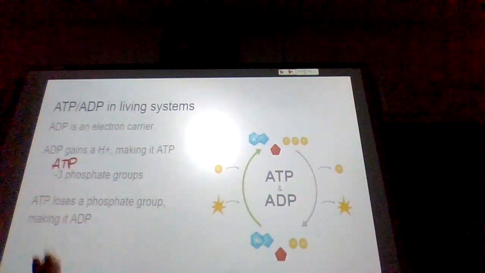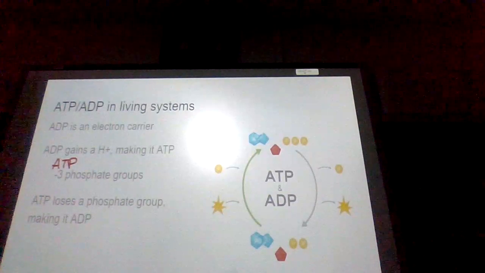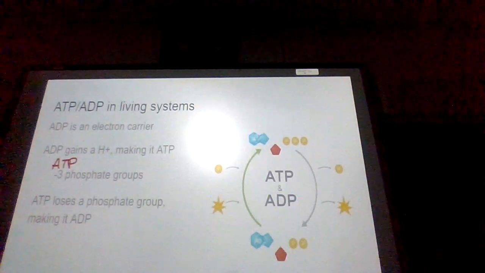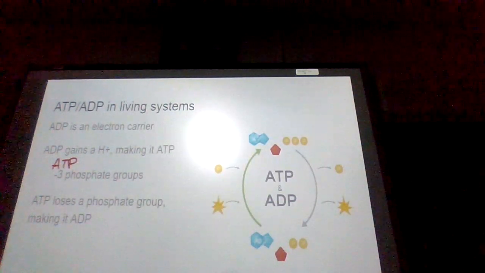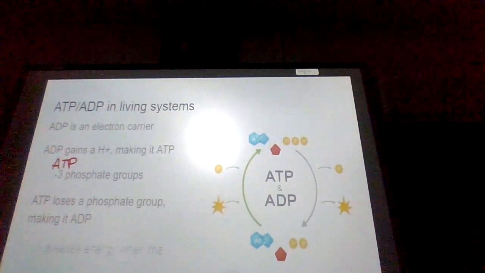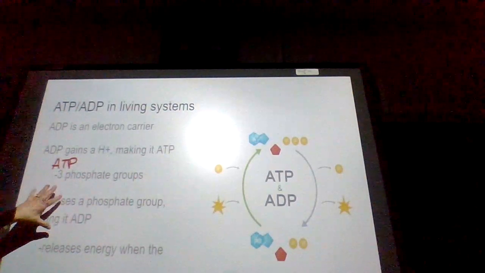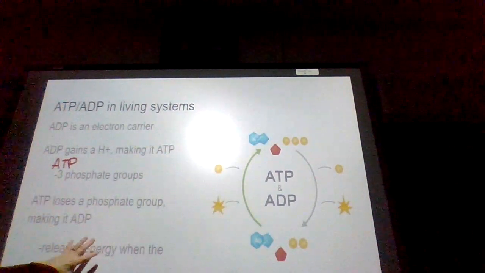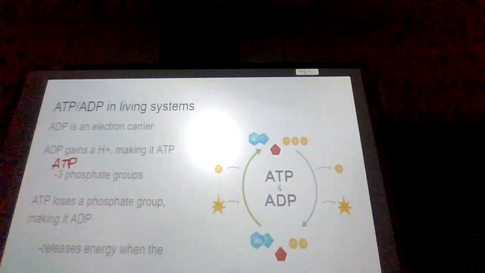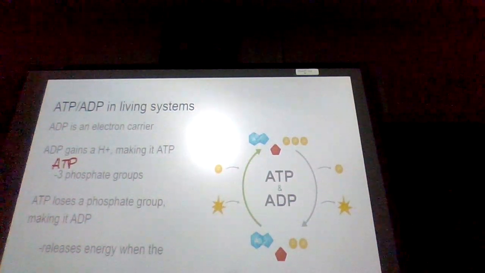That's why it's called triphosphate. And when we take the energy off ATP, we lose a phosphate group, which makes it ADP, which has 2 phosphates. When we break that bond and release that phosphate group, we release energy. So every time you break a bond, energy is released.